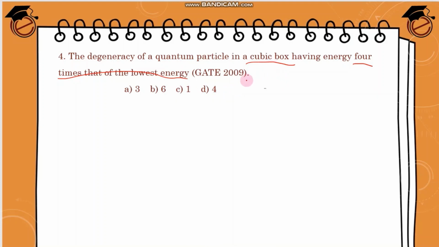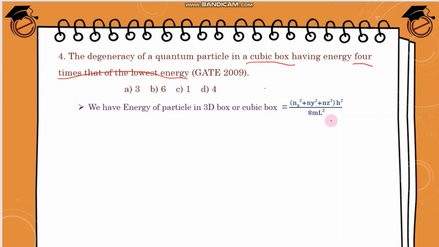Here is a similar question. We have energy for a 3-dimensional box as nx square plus ny square plus nz square into h square by 8ml square. And for the ground state energy, it is nx equal to 1, ny equal to 1, and nz equal to 1. So lowest energy will be 3h square by 8ml square.